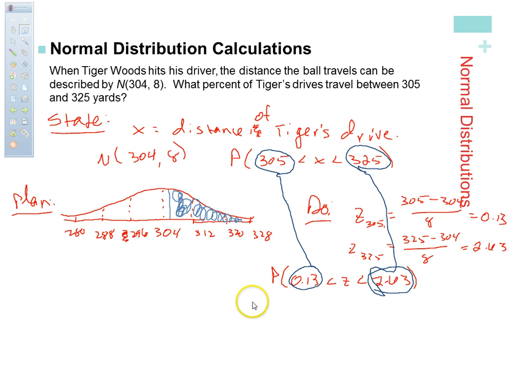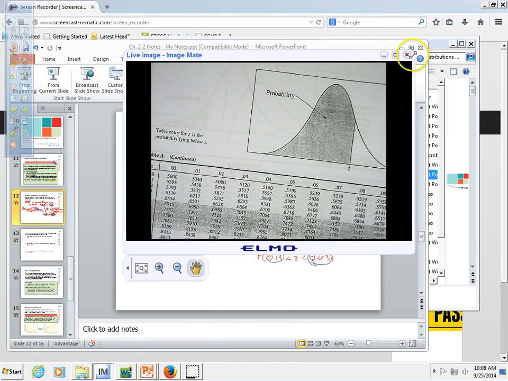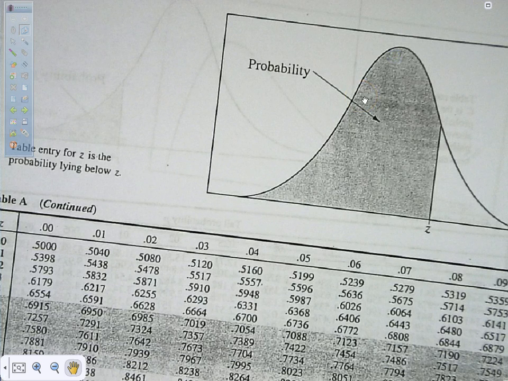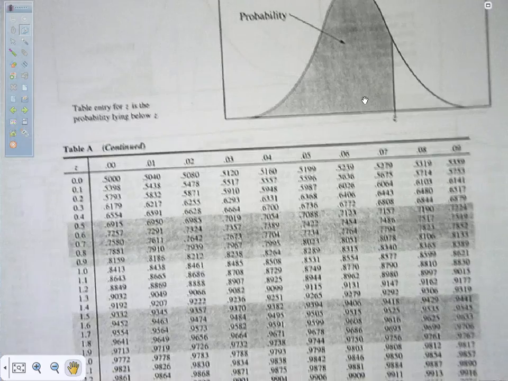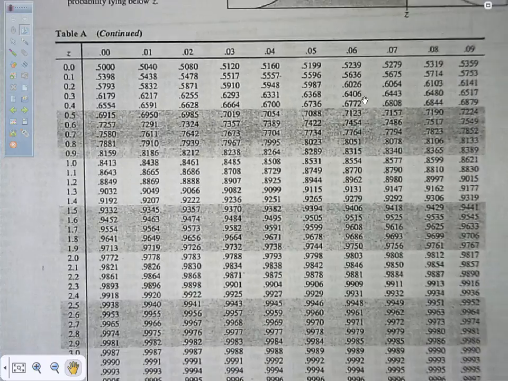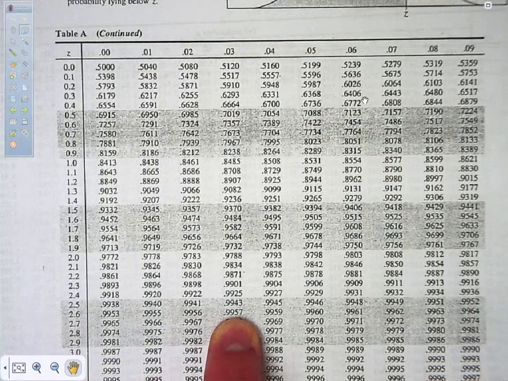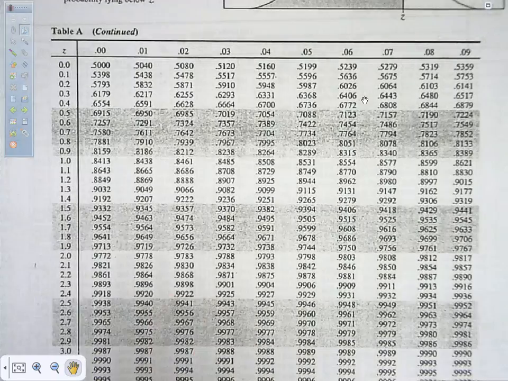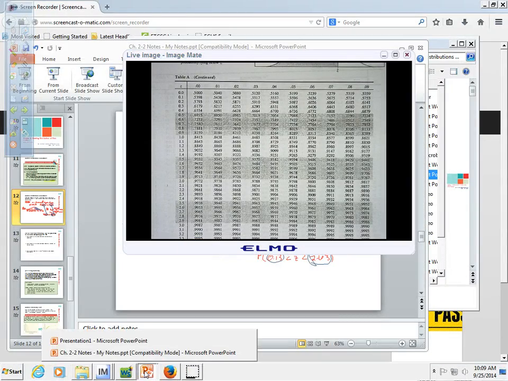All right, so I need some values here. So I need 2.63. So I need Table A at 2.63. The 3 column is here. 2.6 is here. So that's 0.9957.